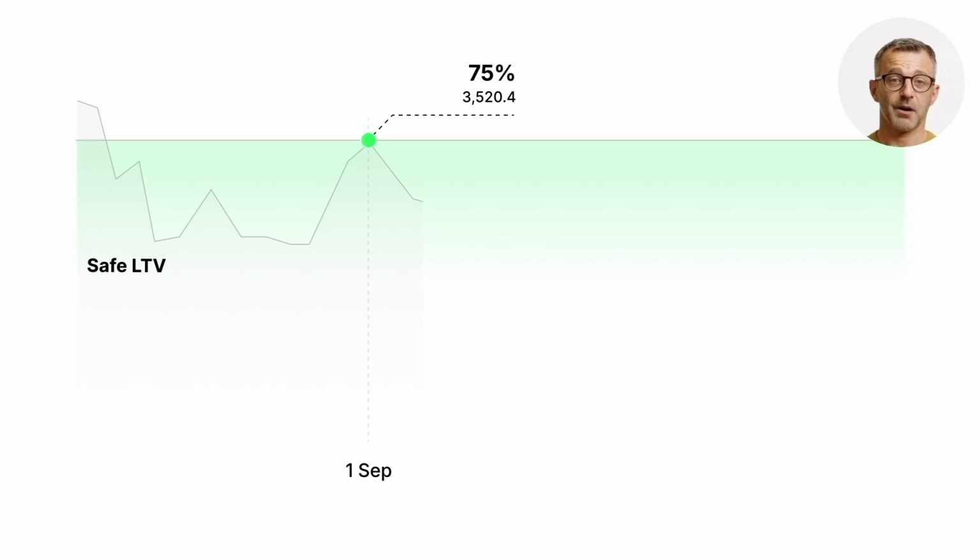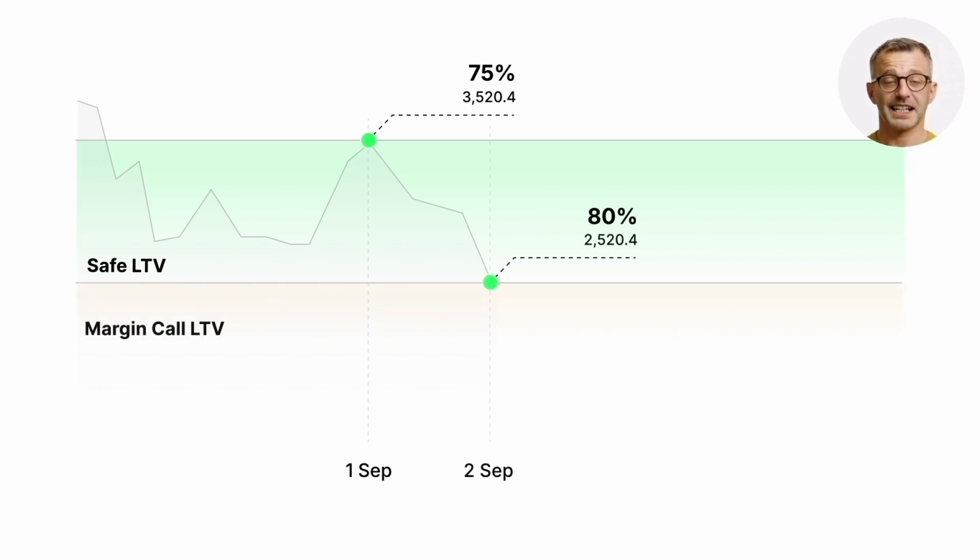However, the price of the cryptocurrency you pledged began to fall sharply. After some time, your LTV reached 85% and you entered the yellow zone. You will receive a margin call, a warning about this. You will be asked to increase your collateral or repay part of the debt. If you do this, your LTV will stabilize and you will return to the green zone.